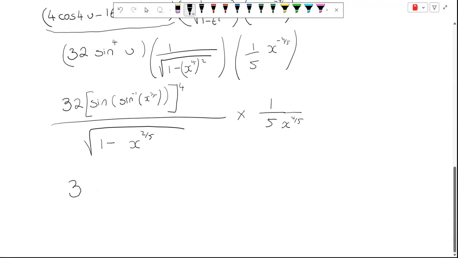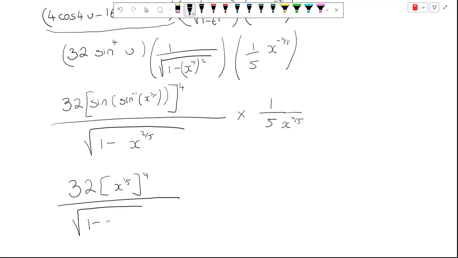And look what happens here if I do that. Sine of sine inverse of x to 1/5, well, that's just going to give you x to 1/5. The sines are going to cancel. And that's to the power 4, which is going to give me x to the 4/5. And I just wrote an x to the 4/5 in the denominator. So that's going to cancel.